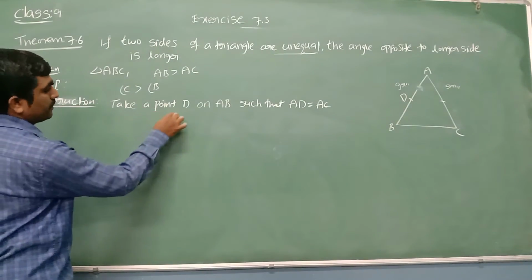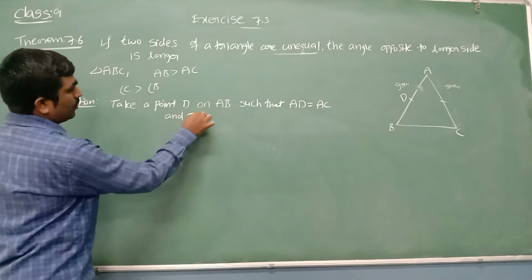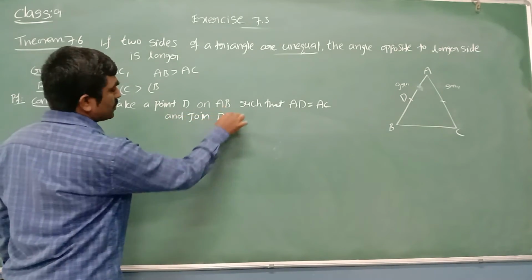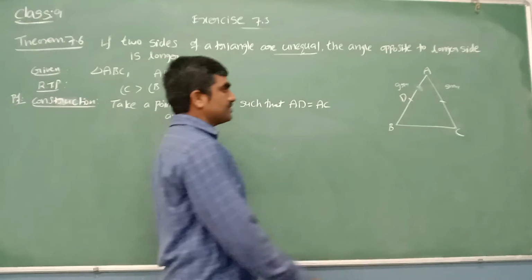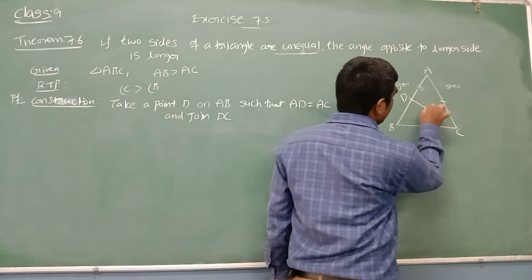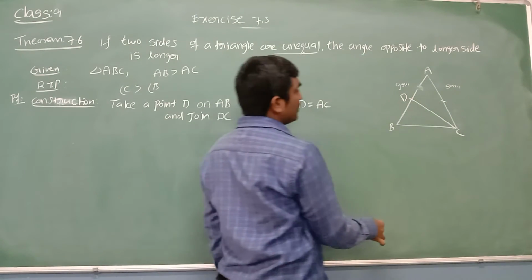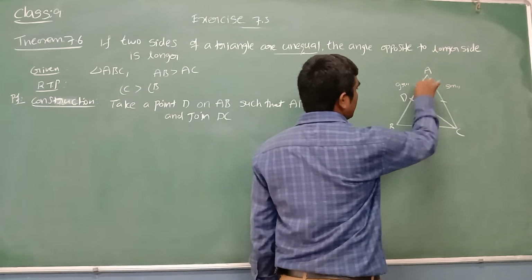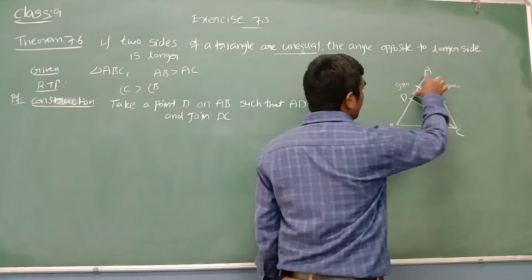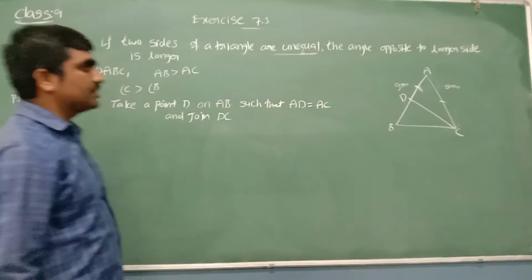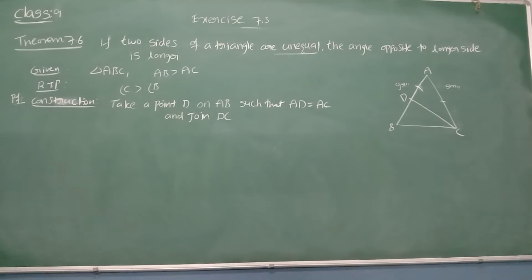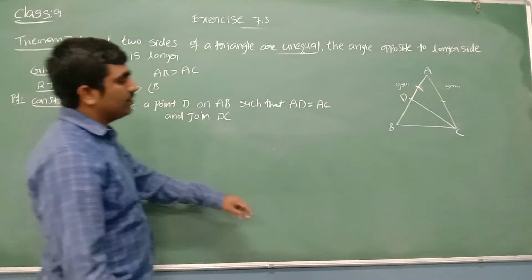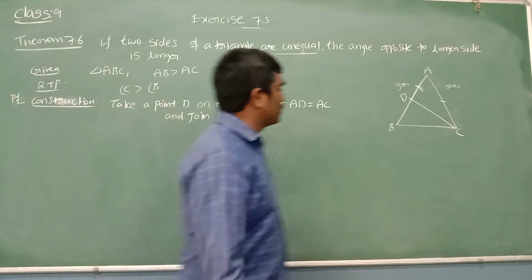And join DC so that we will get a triangle. Join DC. We took AC to coincide with AD, meaning length of AC equals length of AD. Just we are assuming. Right? Join DC. We join here now DC also.